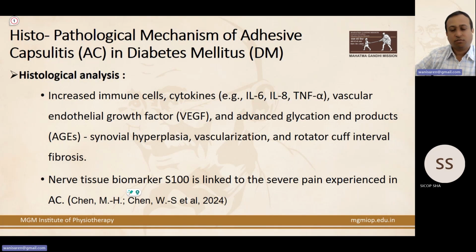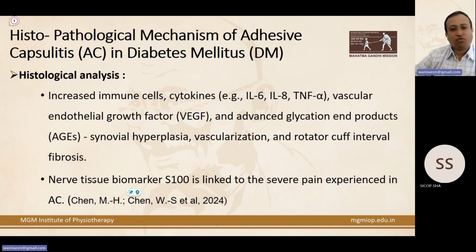Now, in a histological study recently, I have gone through this article. The histopathological analysis was also done in patients with adhesive capsulitis and diabetes. They found that increased immune cells, cytokines, vascular endothelial growth factors, and advanced glycation end products are present in the non-contracted tissues of such patients, and these are the primary factors which may cause synovial hyperplasia, vascularization, and rotator cuff interval fibrosis, which is also one of the causes for development of adhesive capsulitis.